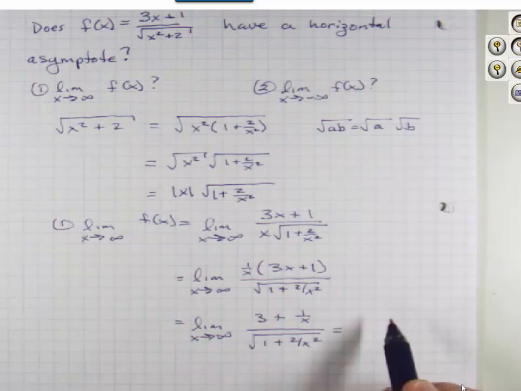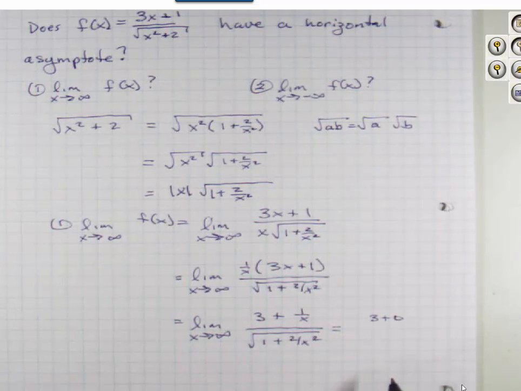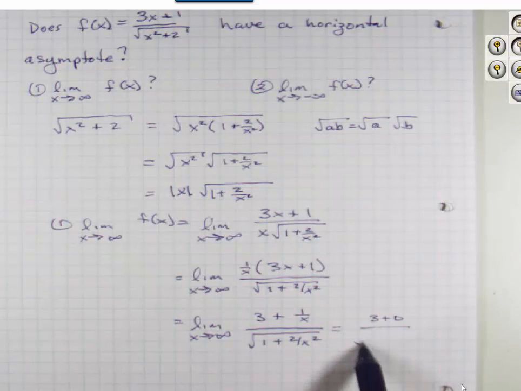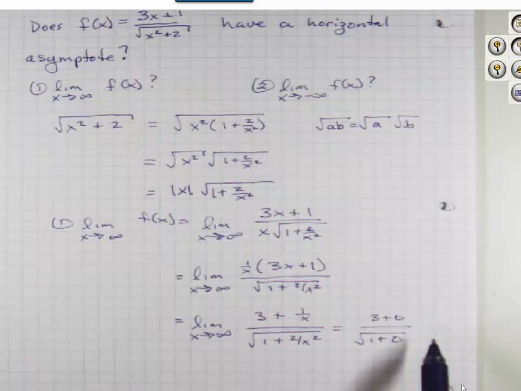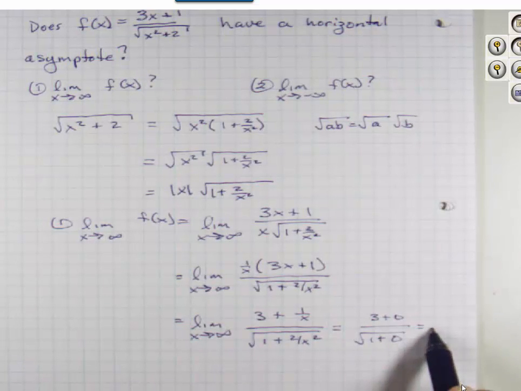But as x grows without bound, 1 over x goes to 0. In the denominator, this is the square root of 1 plus, as x grows without bound, 2 over x squared, well, that goes to 0. What's 1 plus 0? I hope it's still 1. And the square root of 1, I hope it's still 1. And 3 over 1 is 3. So on the right, we have a horizontal asymptote of y equals 3.